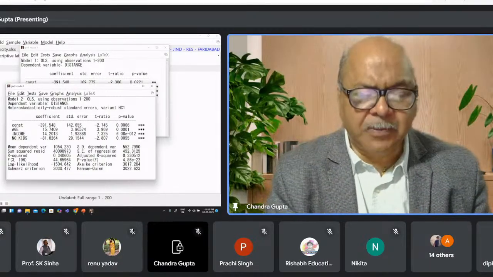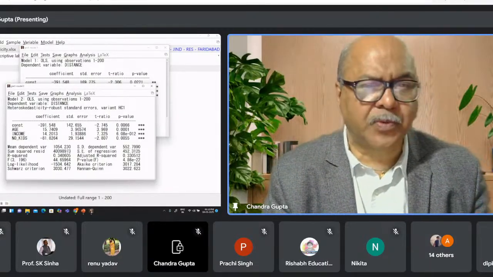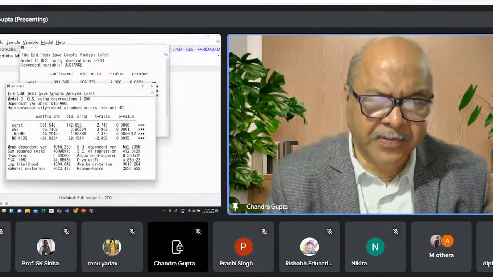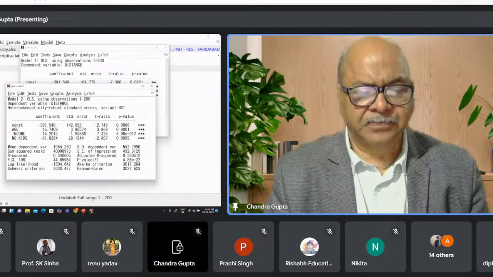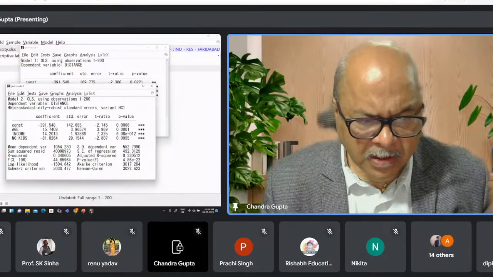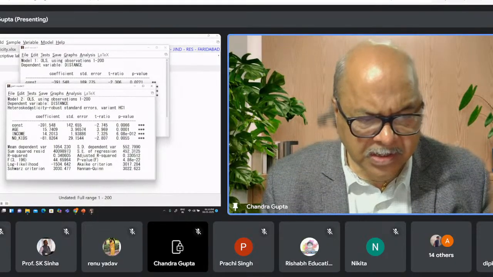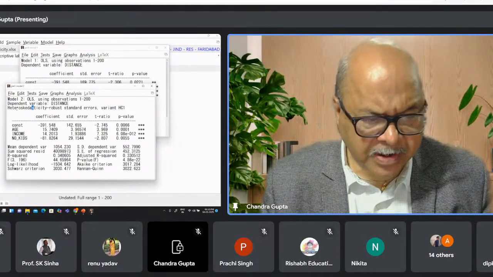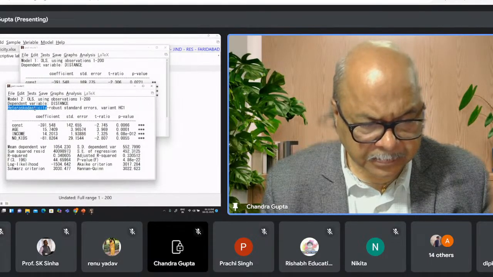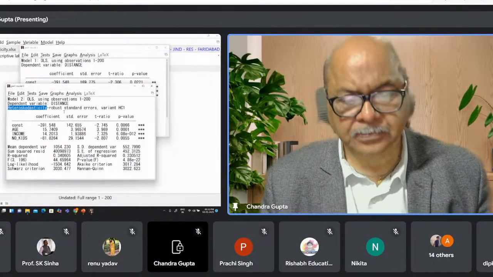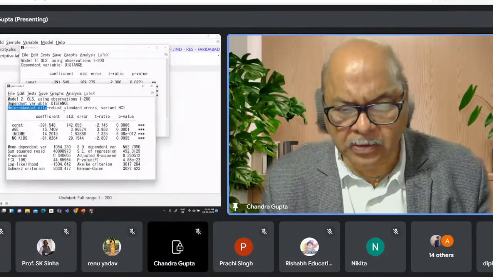And this is a model which has taken care of the problems which are arising because of heteroscedasticity. And you can see here heteroscedasticity robust standard errors.